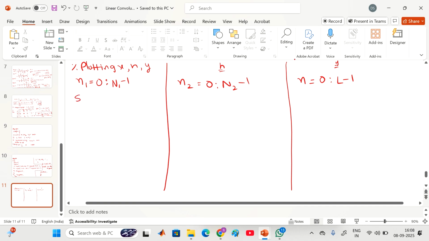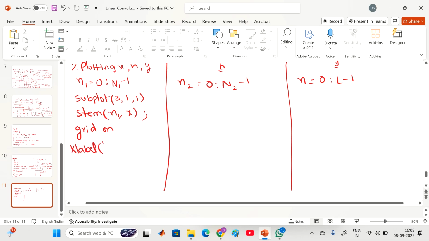Next, subplot 3, 1, 1. So the first plot I am drawing is of the x value, where on the x axis I have the index, that is n1, and on the y axis I have x. Then grid on, the next x label, y label and title.